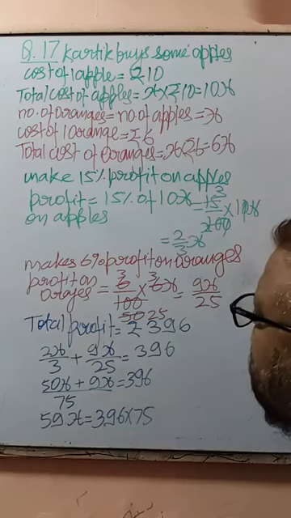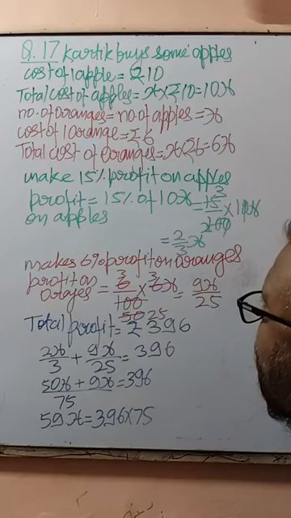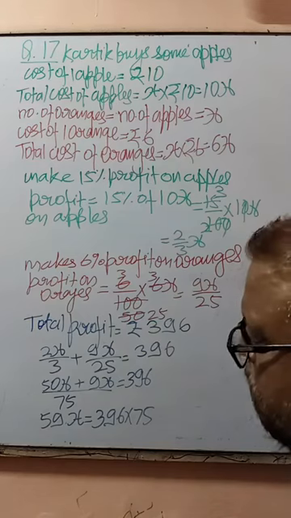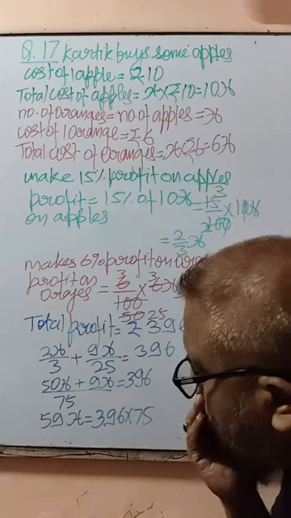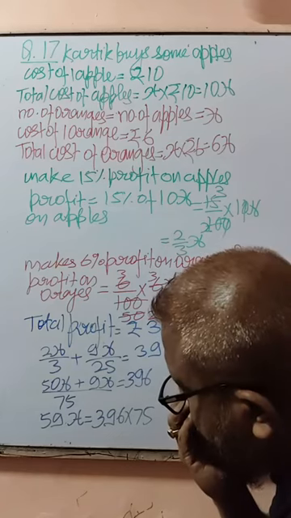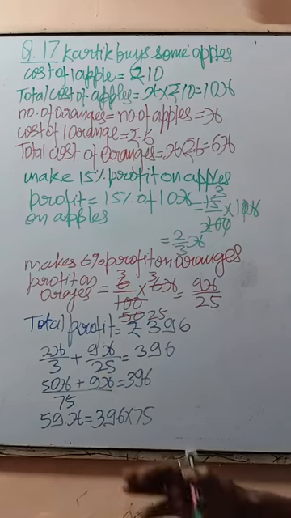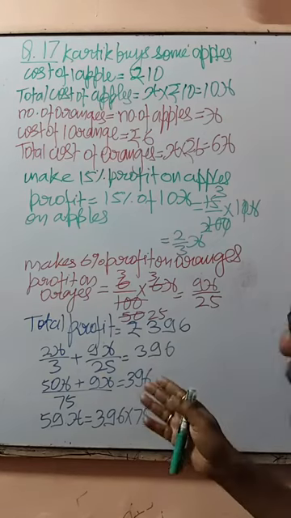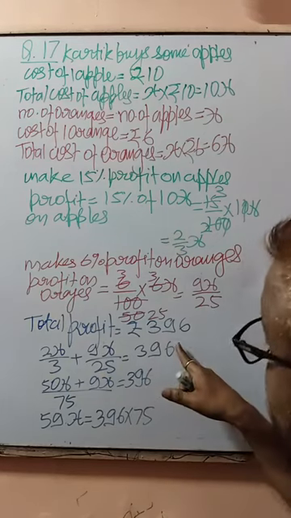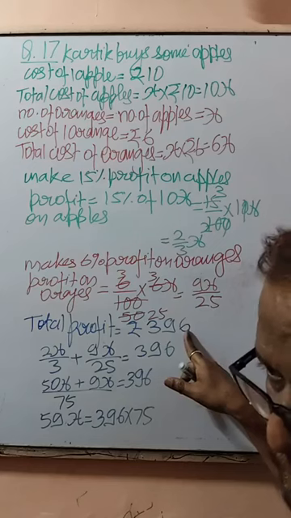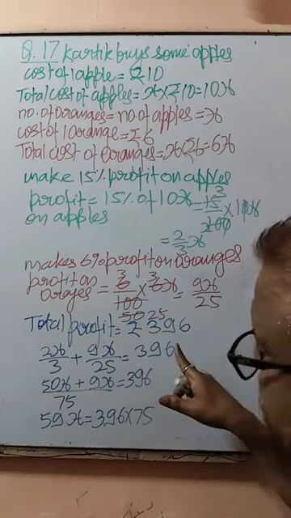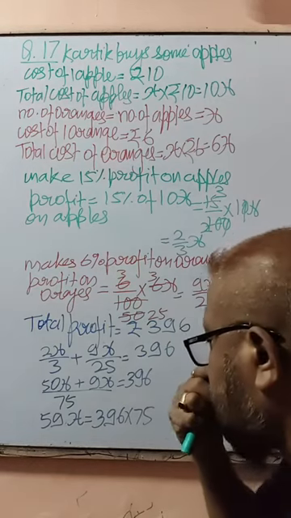Is this correct? The sum of these two is equal to 396, you are saying? Yes, sir. Rupees 396.